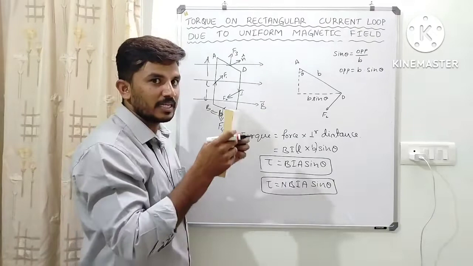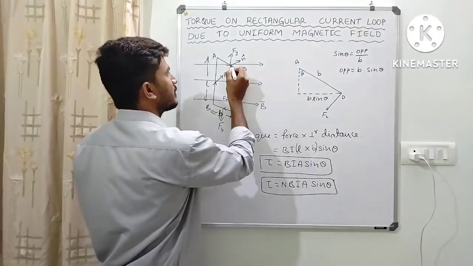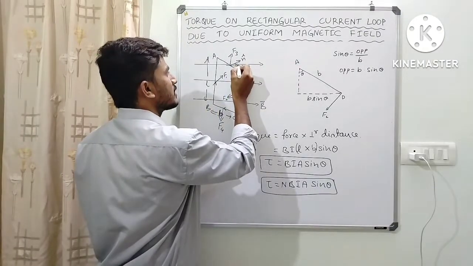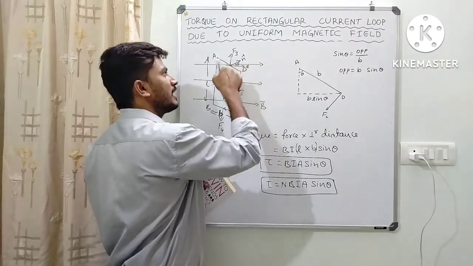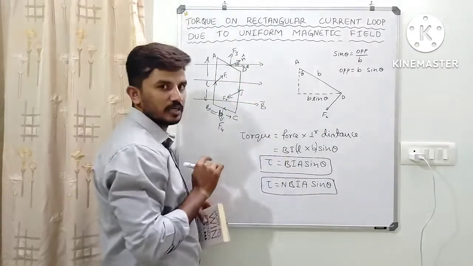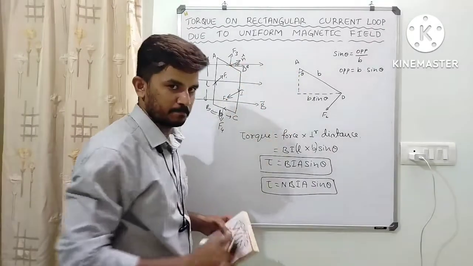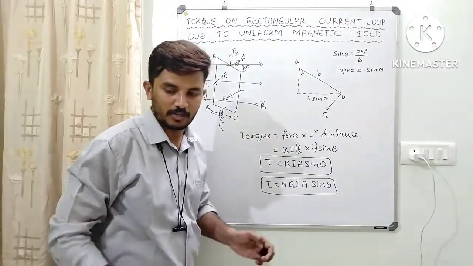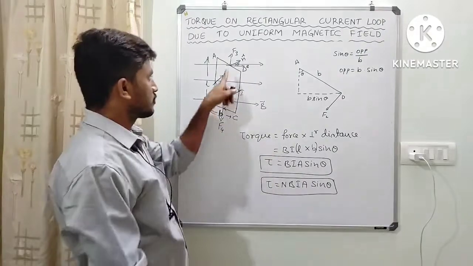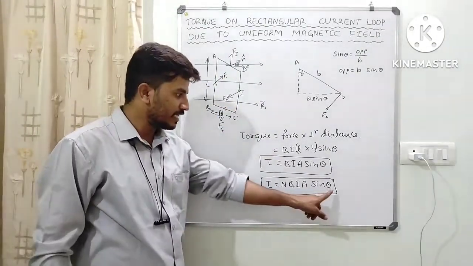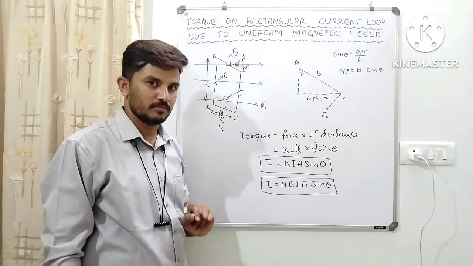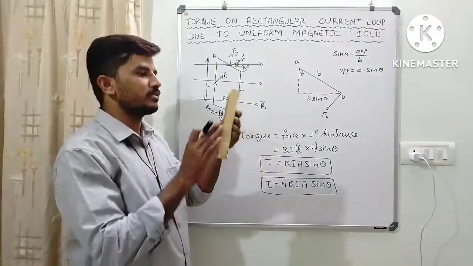And the angle between the area vector and this magnetic field is theta. So that's why we have it like this.